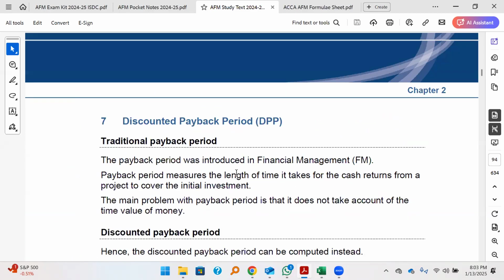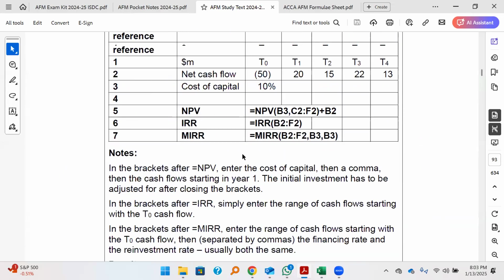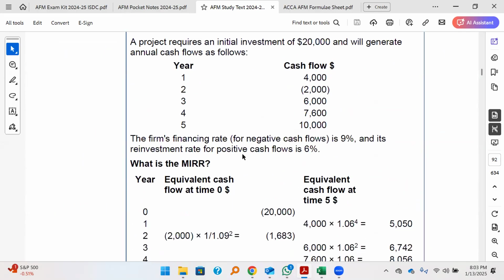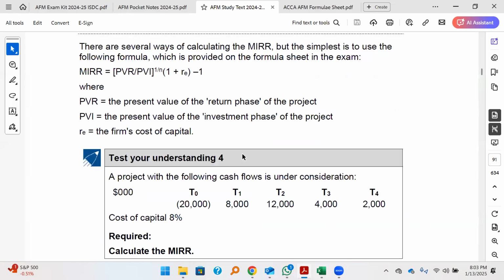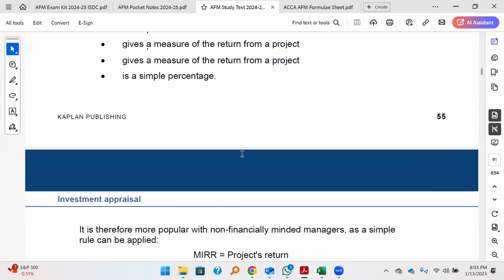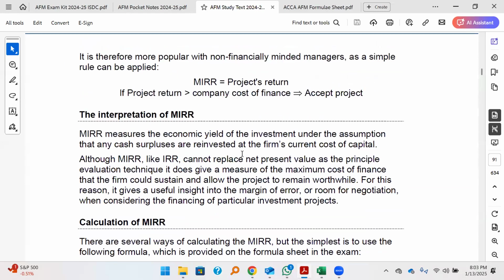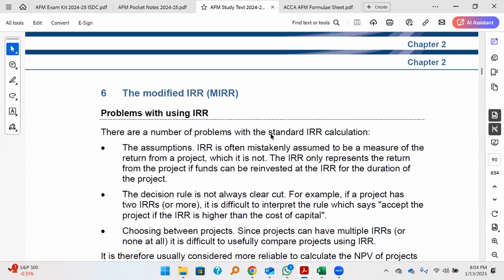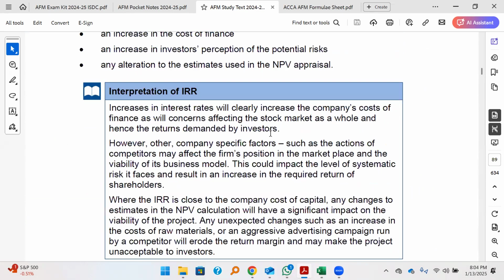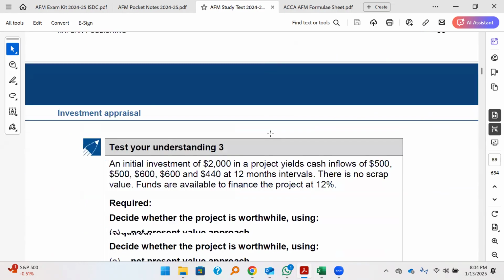We have done duration, discounted payback period is also there. But these are from those earlier days of FM. So I suspect that you know them. But there are other things like this MIRR that you haven't. That's also new, something new in AFM, and also internal rate of return.